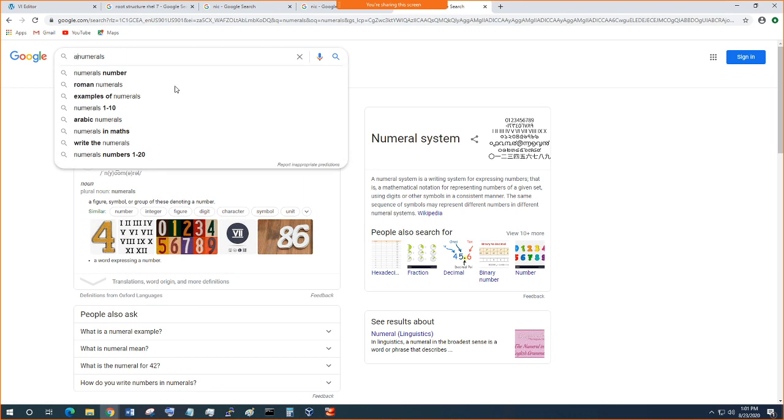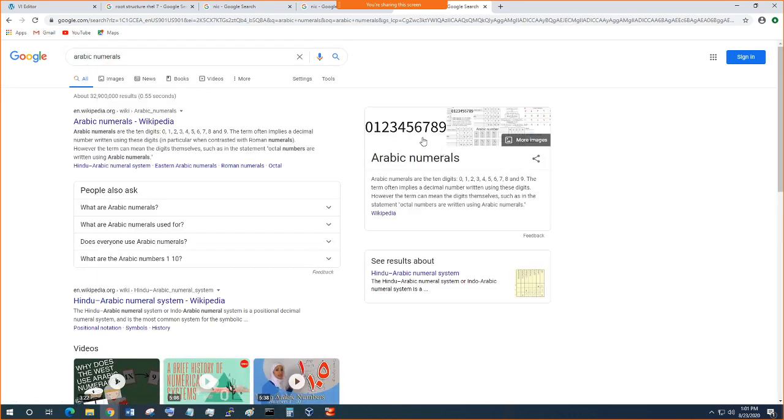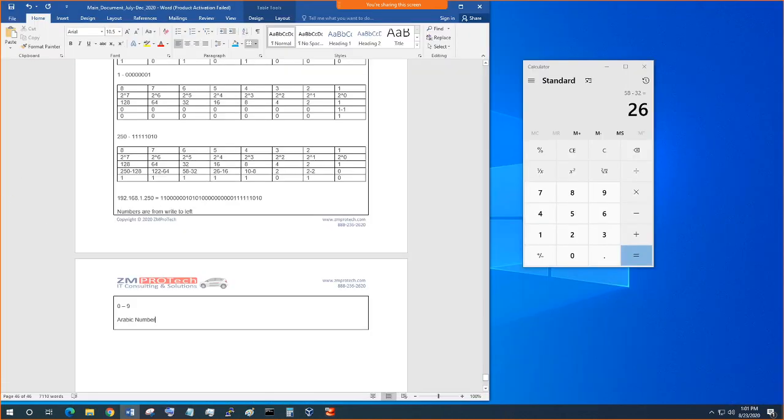The Arabic numerals, 0 to 9, are called Arabic numerals. And since Arabic moves from right to left, all these numbers are moving from right to left here.